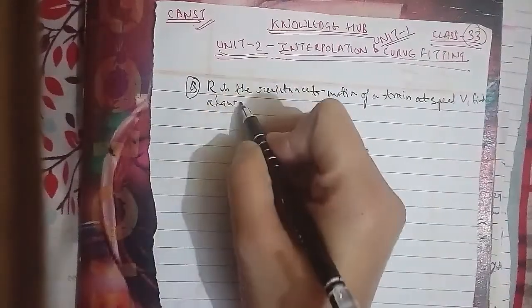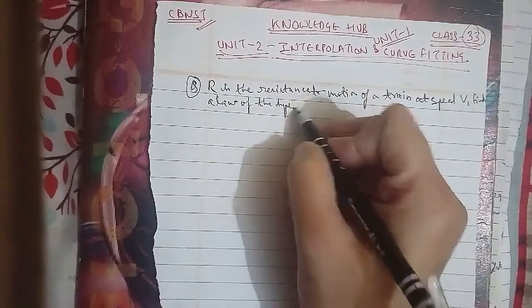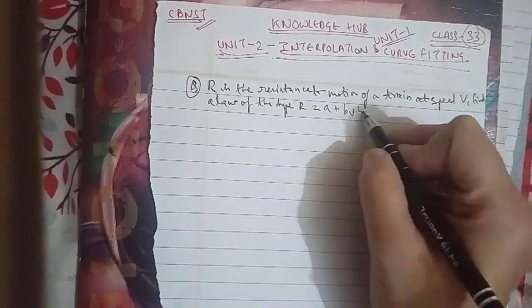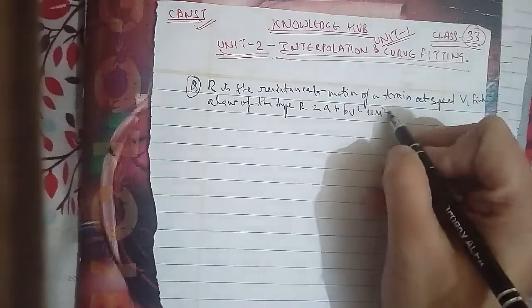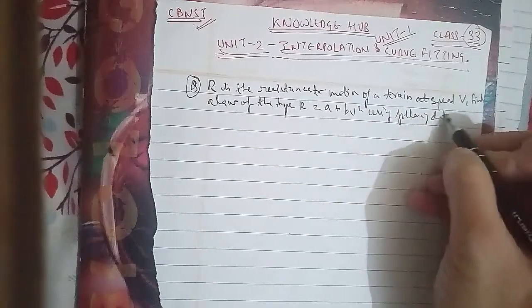Find a law of the type R equals A plus B V square using the following data.